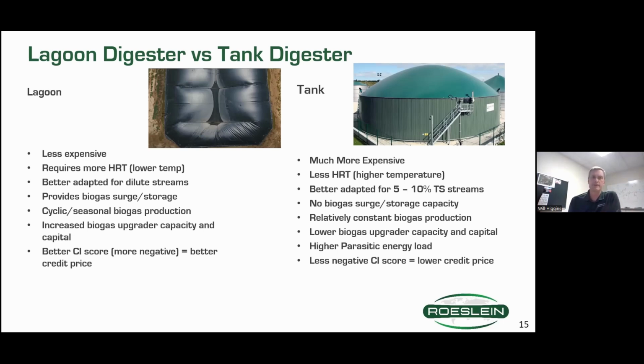Some of the other benefits of a lagoon digester is that it provides biogas storage. So if the upgrader or the pipeline closes you in for being off spec, you have a few days to get that corrected, and you can just store the biogas and produce it the next day, take it off the lagoon. Whereas a tank digester has very little gas storage.